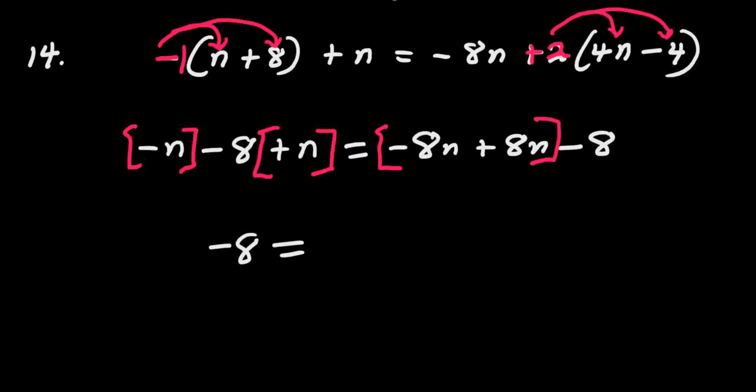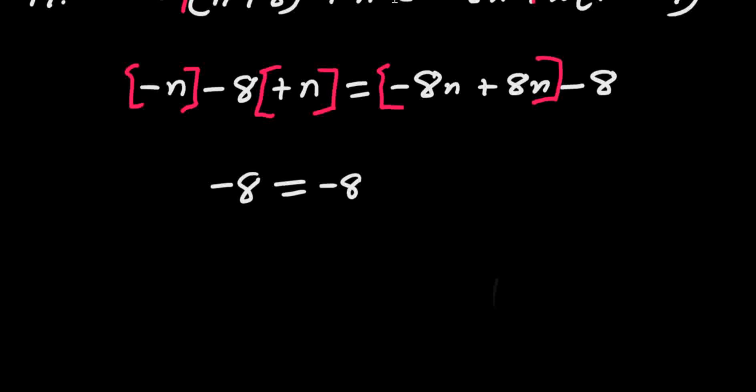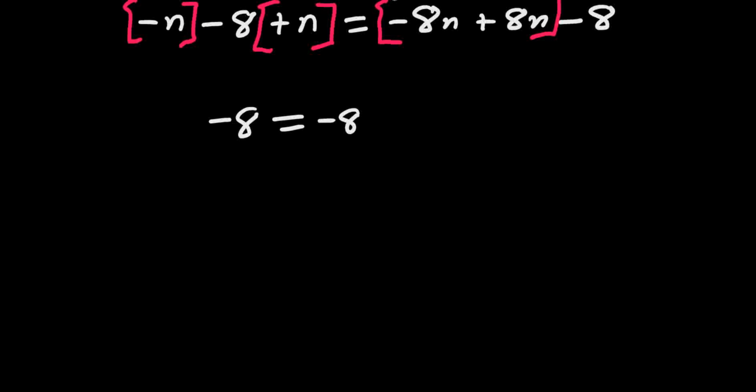And negative 8n plus 8n is 0, so we also have negative 8 on the right. Anytime you have the same answer on both sides, if you decide to subtract 8 from both sides, you end up with 0 equals 0. But you can choose to leave it the way it is.